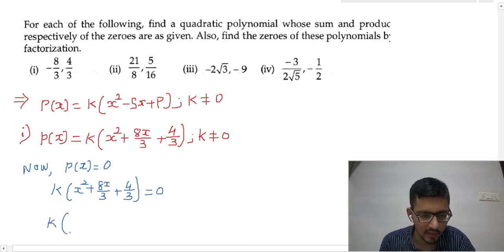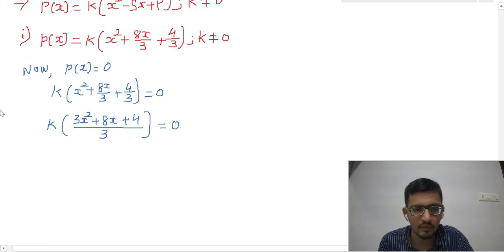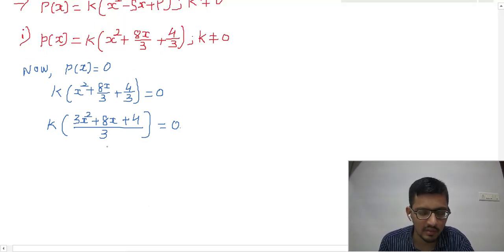So first let me take the LCM, 3, so here what will I write? 3x square plus 8x plus 4 equal to 0. Now very clearly you can see k is any scalar except 0. So k and 3 will get cancelled, and on both sides you can multiply with 3 by k. So what will I get basically? 3x square plus 8x plus 4 equal to 0.